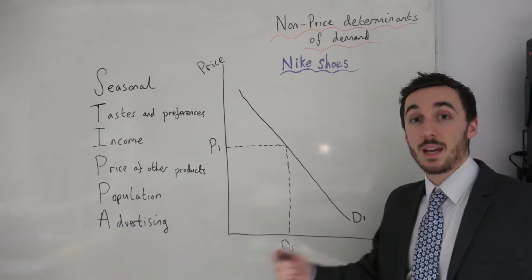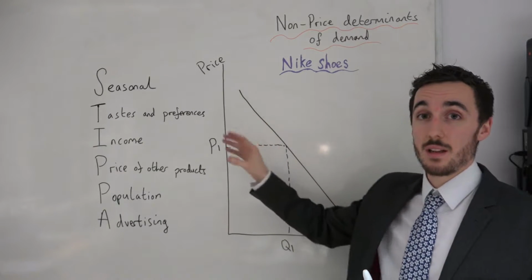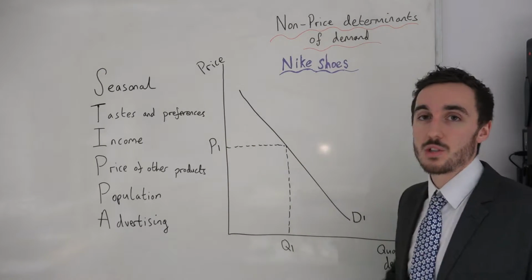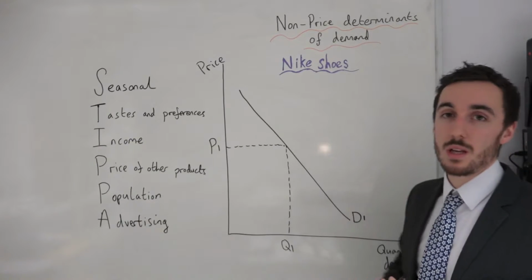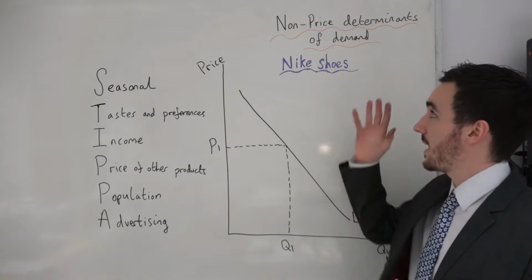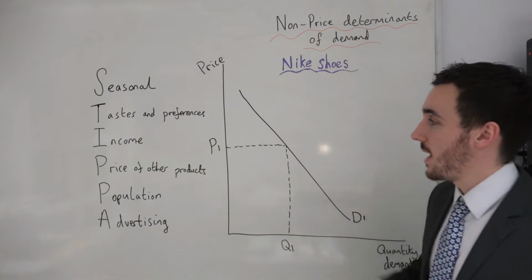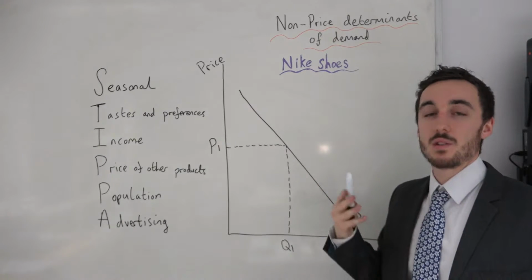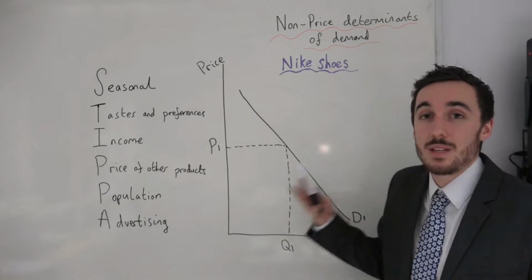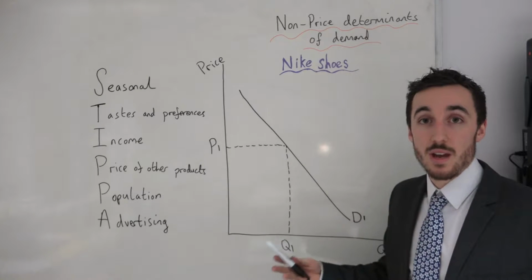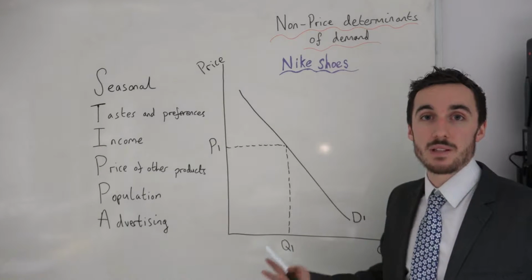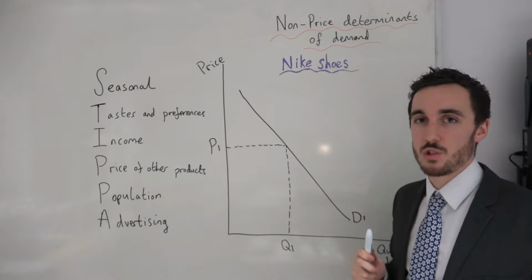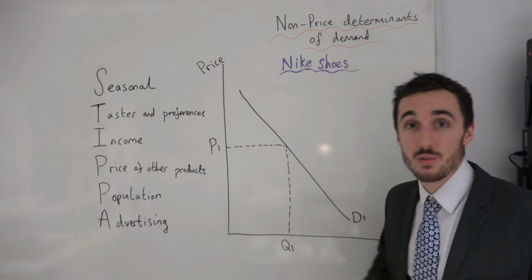Okay, so let's have a look at how individually these factors can shift the demand curve. Let's take seasonal changes first. Imagine we are in the winter months and we have lots of people buying Nike shoes. At this price level, the quantity is Q1, as we can see here. So what happens when suddenly we get into the summer months? Nike trainers, as you know, are maybe a bit hot to be wearing in the summertime, so it's possible people will switch to sandals in the summer.